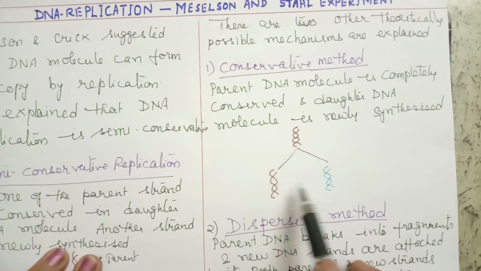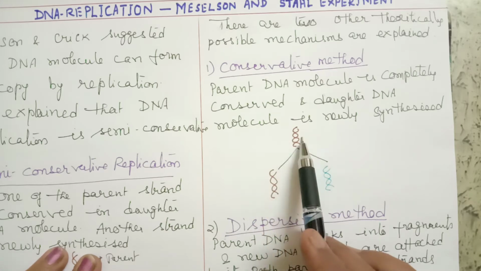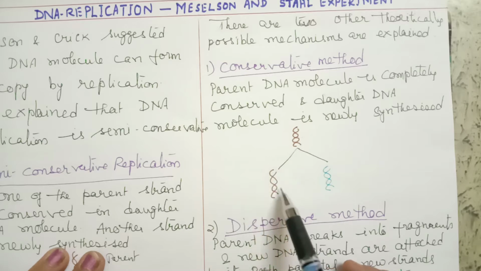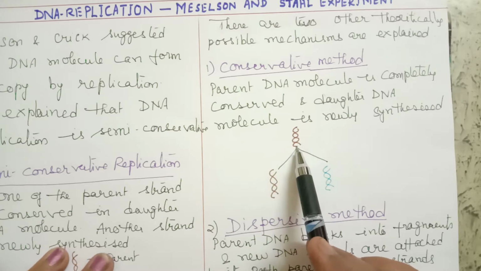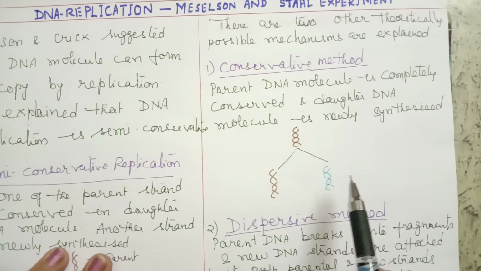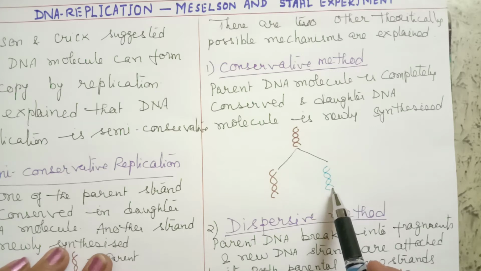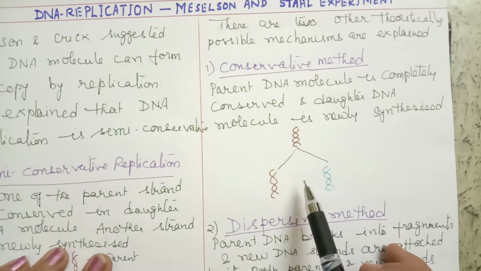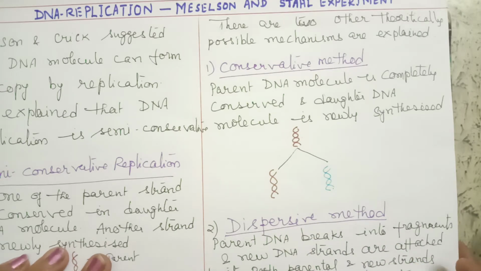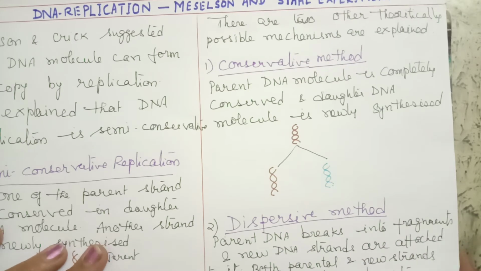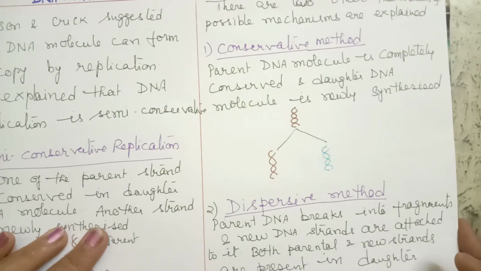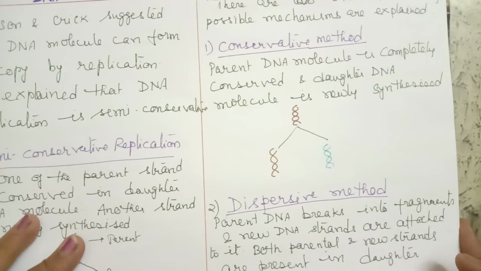So when two DNA molecules are formed from one parent DNA, one of the daughter DNA molecules is the same as the parent DNA molecule and the other one is newly synthesized. This was the other thought, that DNA replication may be conservative. These are only thoughts, but they are not experimentally proved. The experimental verification is found for semi-conservative replication.